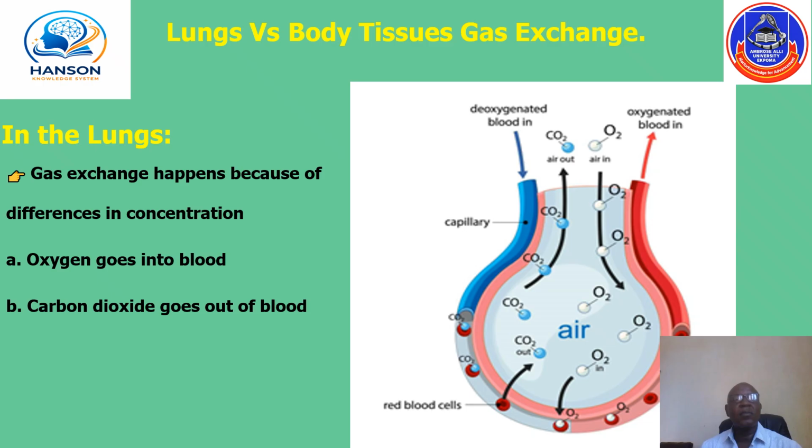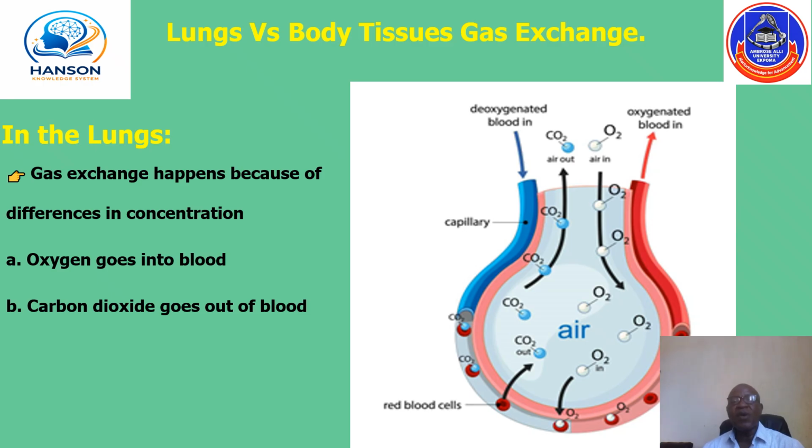Now, in the lungs, gas exchange happens because of difference in concentration. The image that is shown on screen illustrates the gas exchange in the lungs, where deoxygenated blood enters.